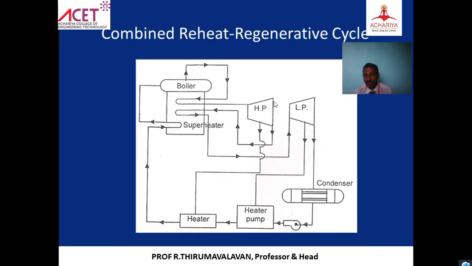There is another cycle, which we call binary vapor. Binary means bi, which means two. We are going to use two vapors. So we have to identify a fluid which has a high condensation temperature as well as high pressure.